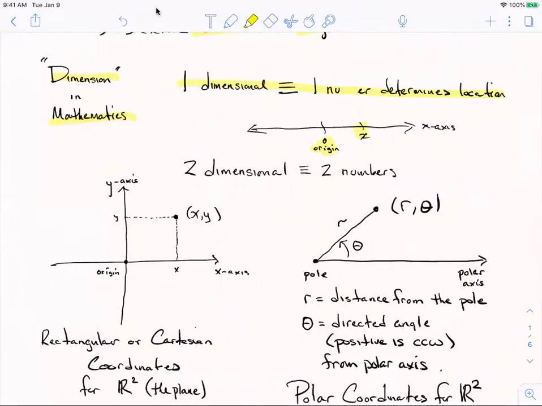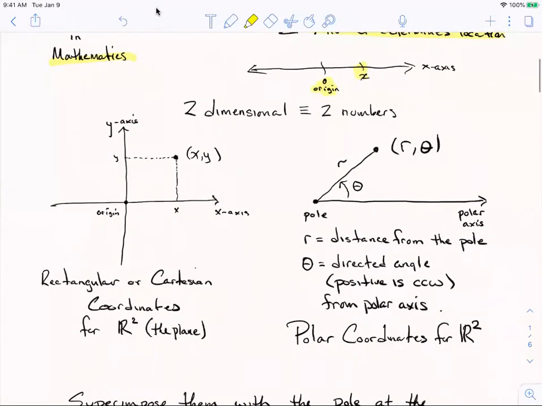All right, so look at the left-hand side of your screen here first. The plane is two-dimensional because to determine the location of a point, we need two number lines. We usually call one of them the x-axis and one of them the y-axis. Where they cross is the origin. That's where we measure from. And you have to take two measurements: how far along the x-axis you are, and how far along the y-axis you are.